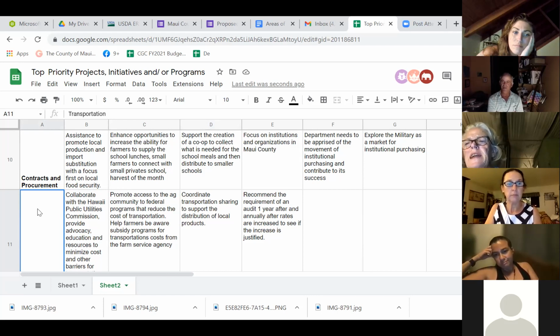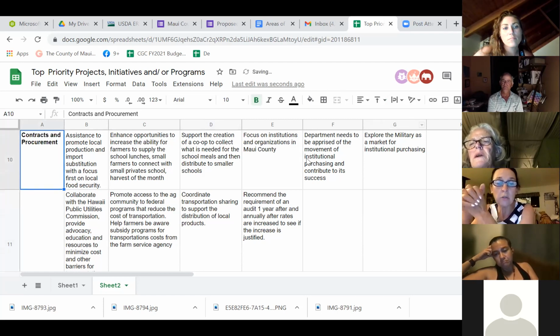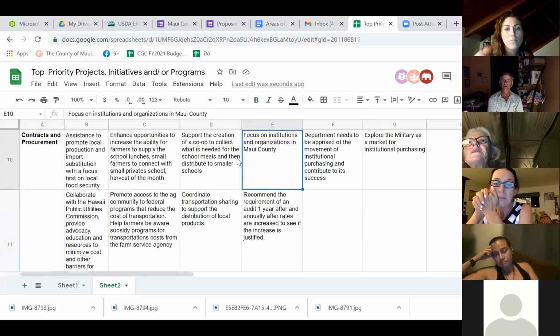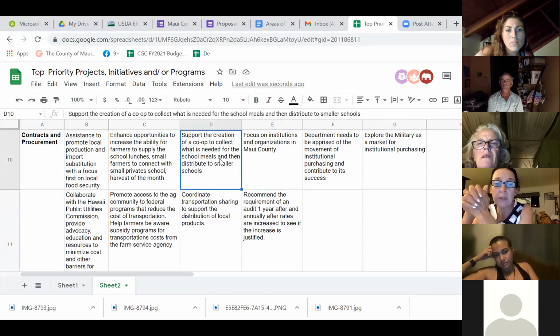What about providing some of the senior centers, senior housing facilities that cook for their residents? I like that. Institutions. Exploring those markets, yes. Who else? There's a hospital, they provide food. That is the next one in the F. Institution.